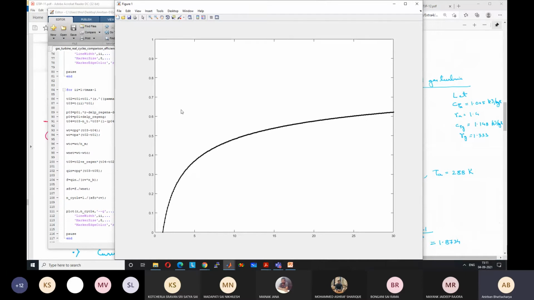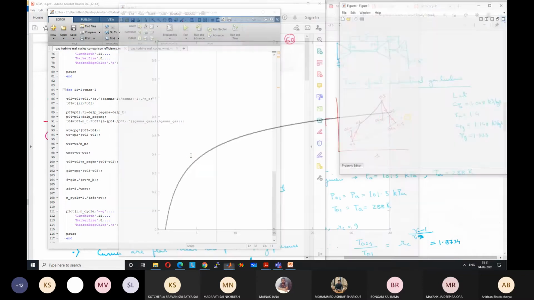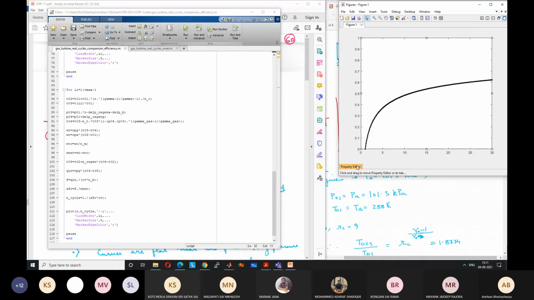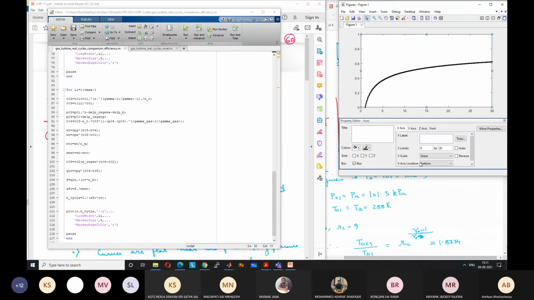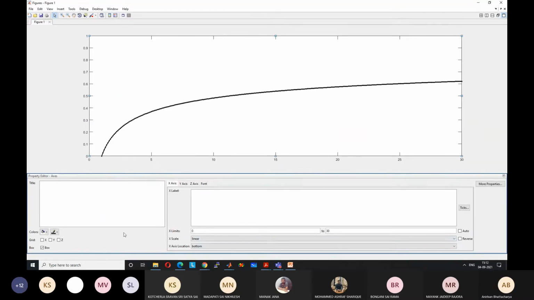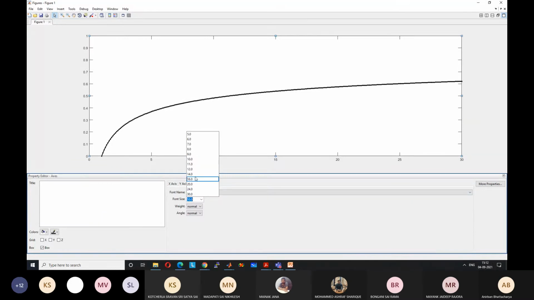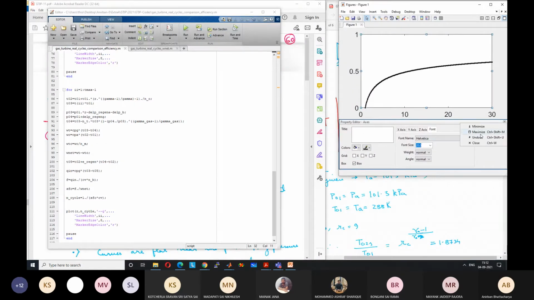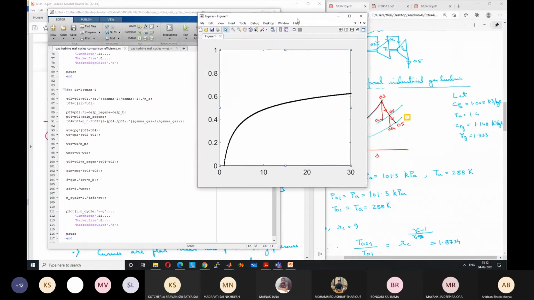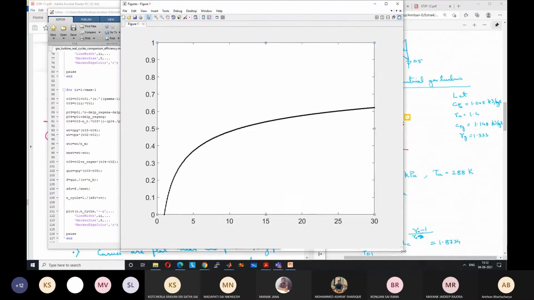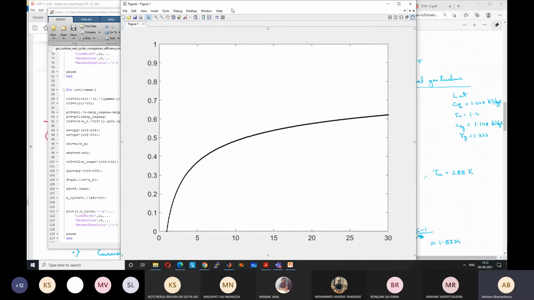I have plotted it again just to show you the comparison. This is for the ideal cycle.